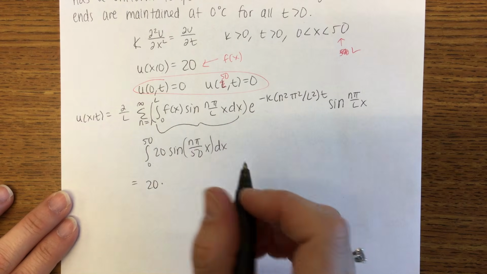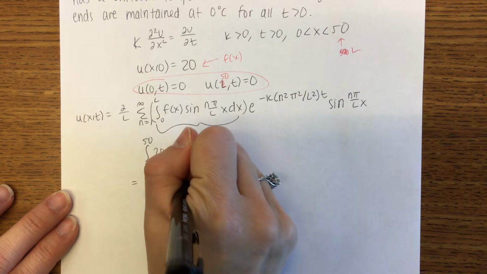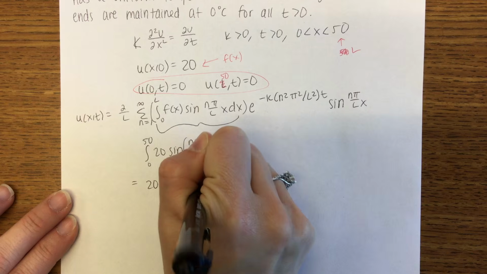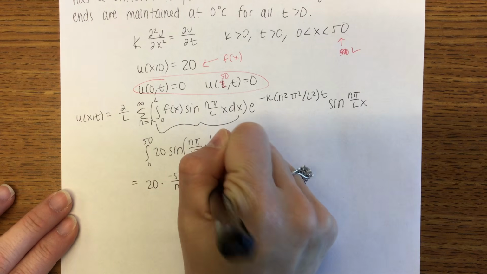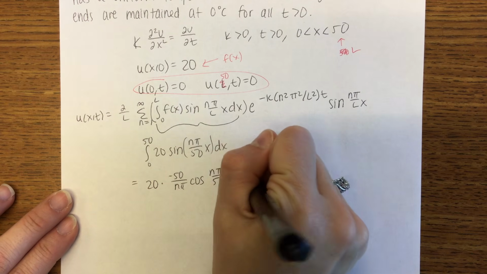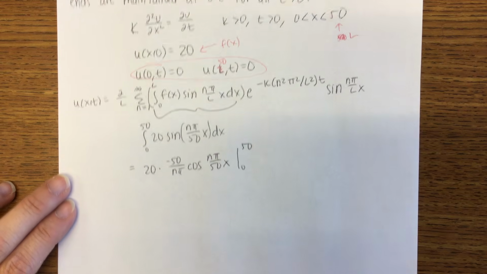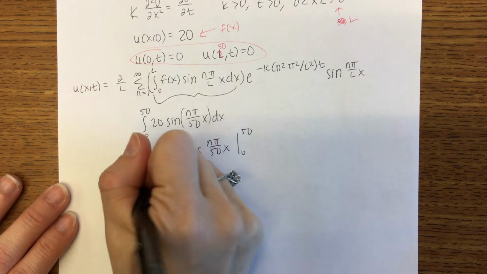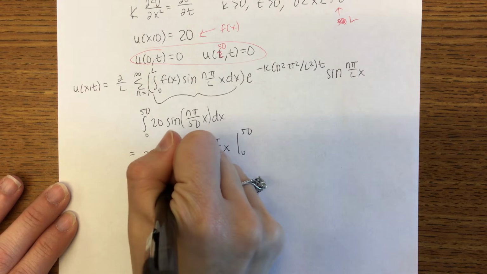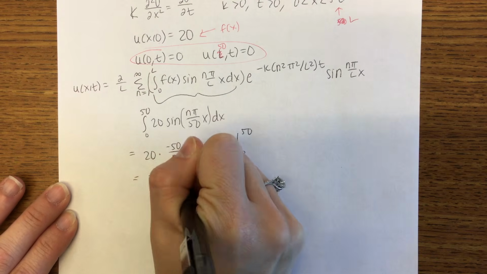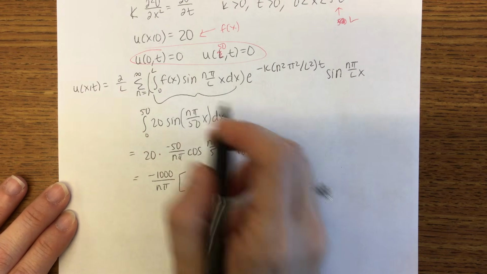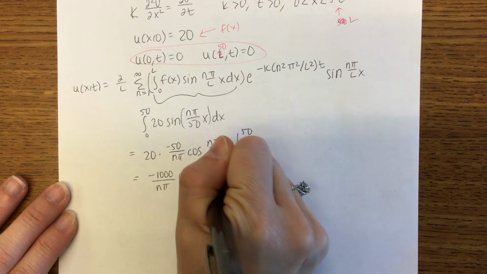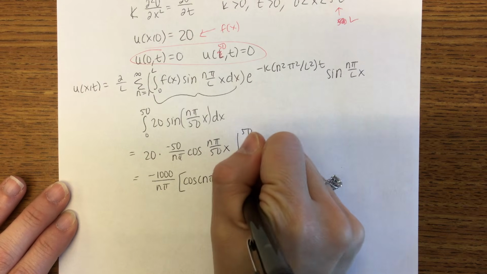So then we're going to be left with 20 times negative 50 over n pi cosine of n pi over 50 x from 0 to 50. So this gives us negative 1,000 over n pi. If I plug in 50, I get cosine of n pi minus cosine of 0.